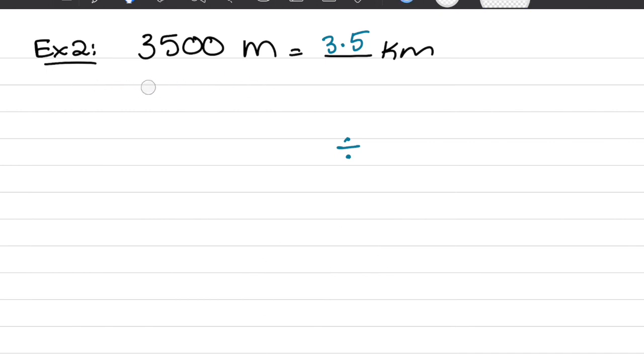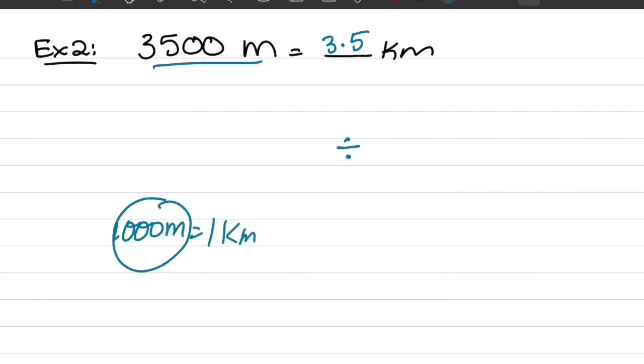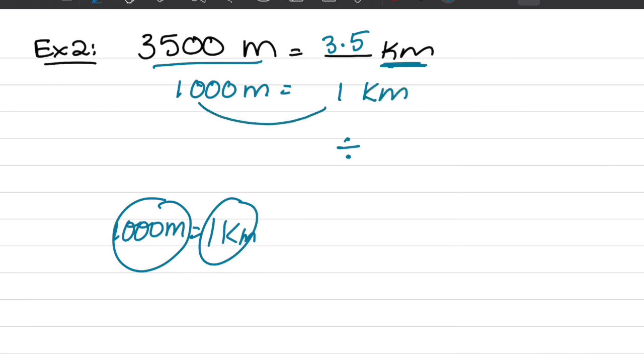So we know that we have 1,000 meters equaling 1 kilometer. I'm going to line these up. The meters are on the left, so this is 1,000 meters, and the kilometers are on the right. How did we get from 1,000 to 1? Well, we divide by 1,000.